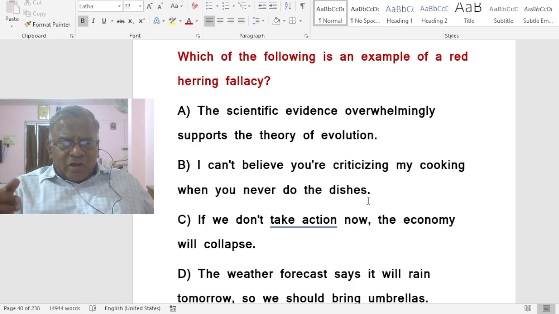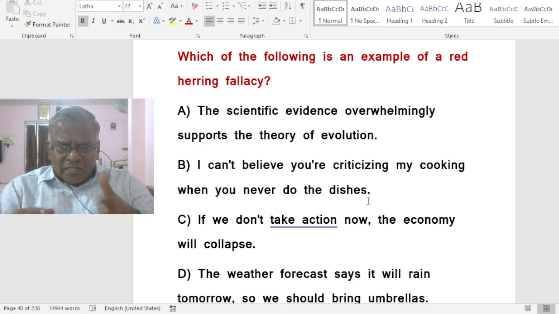See, he is not worried about the reason why his cooking is bad. You got the point, no? So B is the right answer. Why? Because he just blames the other person without attacking the real problem. That is called a red herring fallacy.